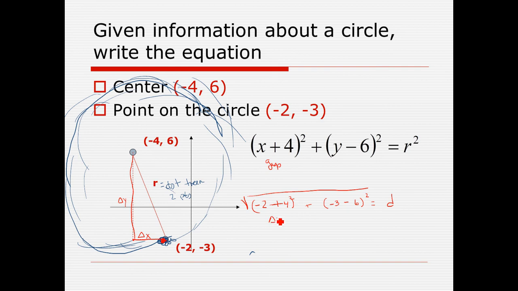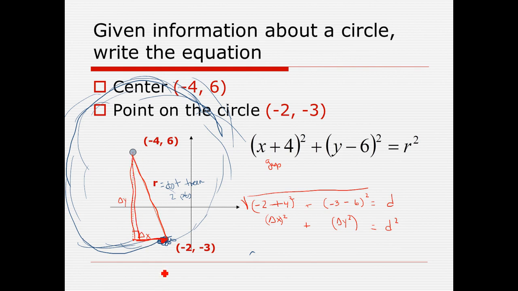This is the change in x squared, this is the change in y squared. Add them together. They're the legs of a right triangle. If you add the squares of the legs of a right triangle, it will equal the square of the hypotenuse. And of course, if you just want the hypotenuse by itself, you have to take the square root. The radius of this circle is a hypotenuse, just like we did for our unit circle. For our unit circle, this x value was a cosine and y was a sine.